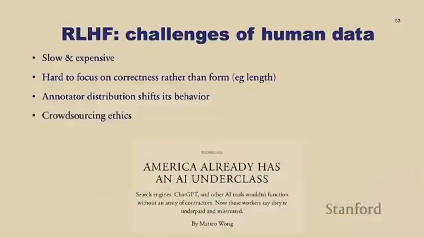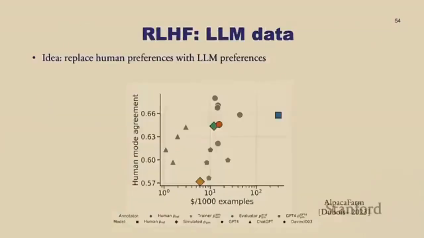Another question is crowdsourcing ethics. A lot of the labeling is done by people who are not paid well, and they have to go through a lot of toxic data because you want the model to avoid saying toxic things. So, many challenges with human data.